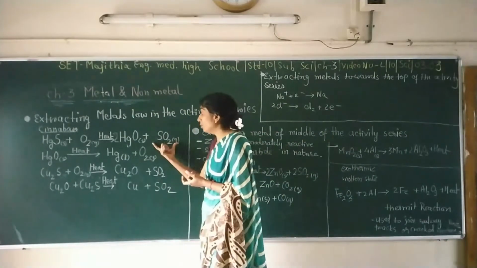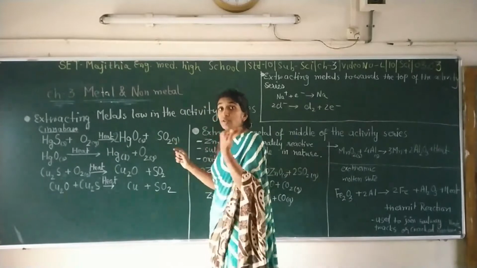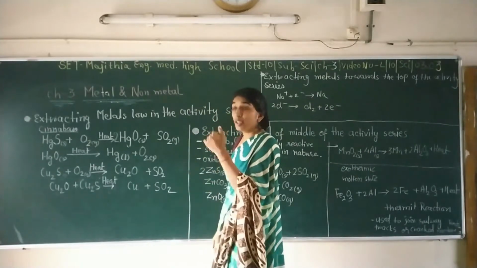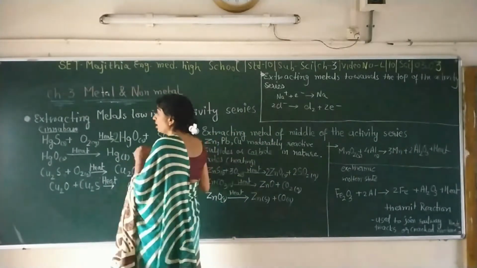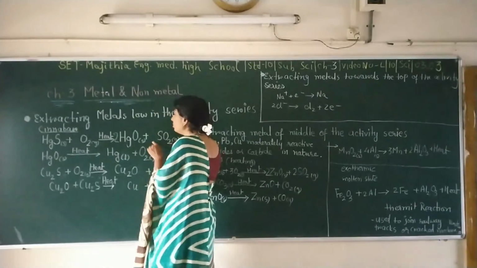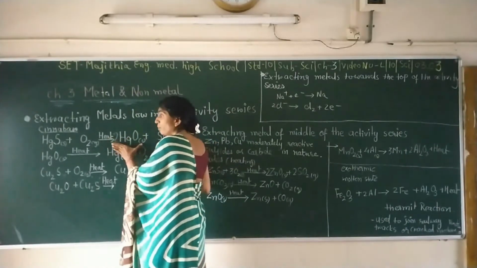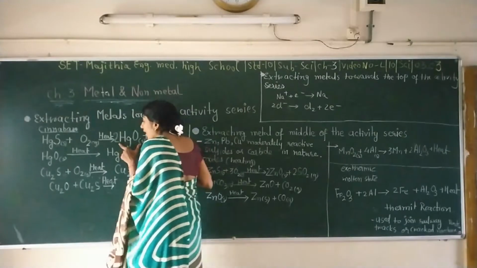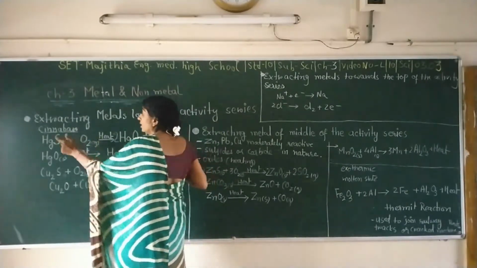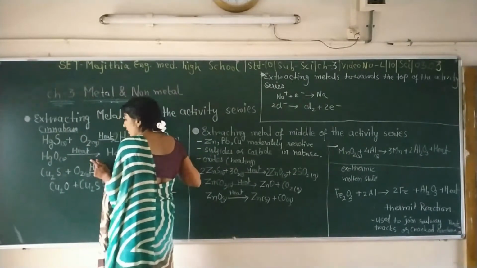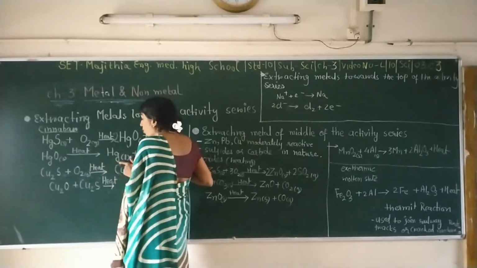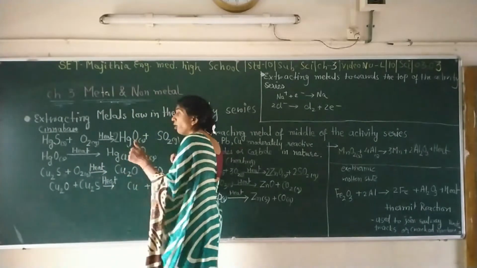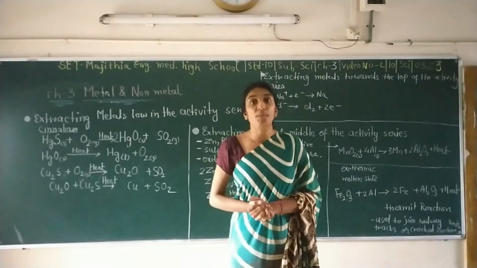This sulfur dioxide is gaseous, so it leaves the surface of the metal, leaving behind mercury oxide. This mercury oxide is heated again and we obtain only mercury, and oxygen evaporates.